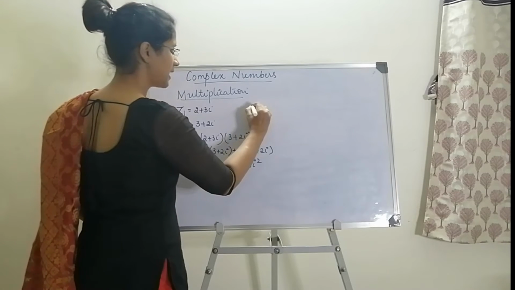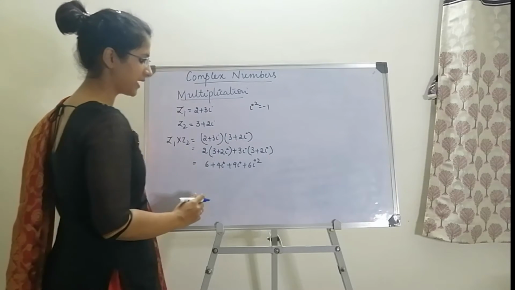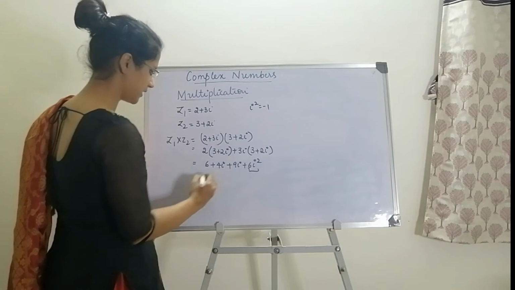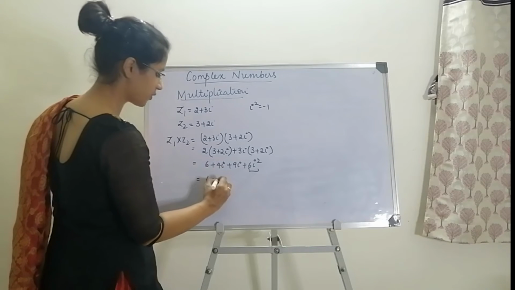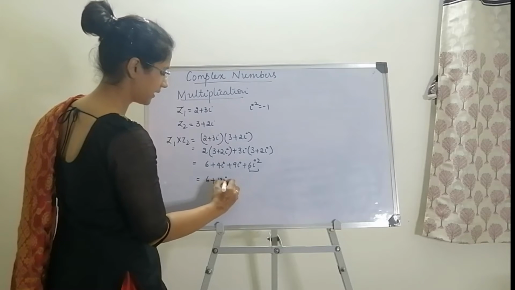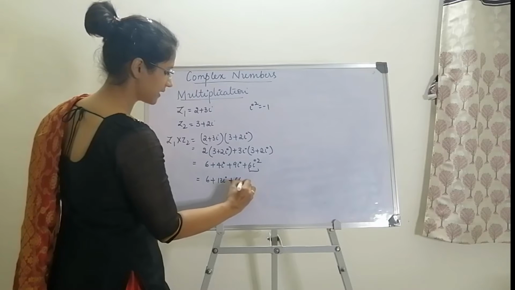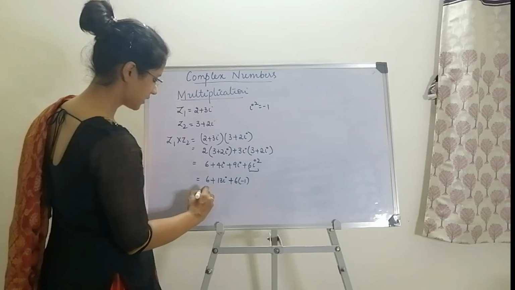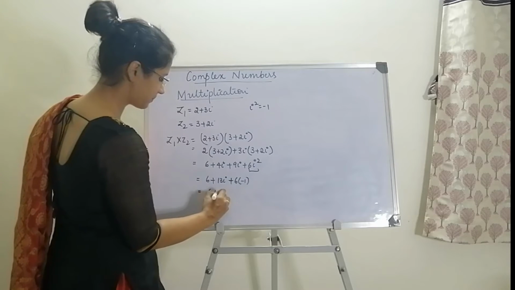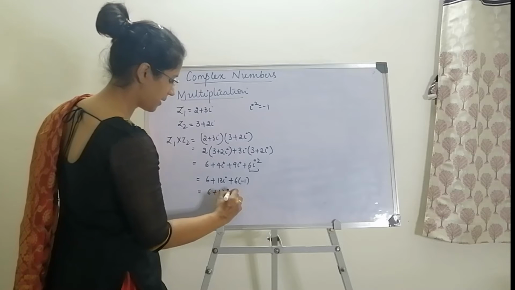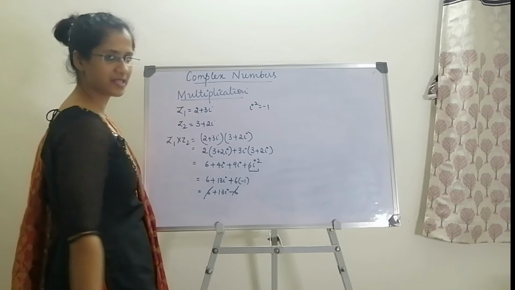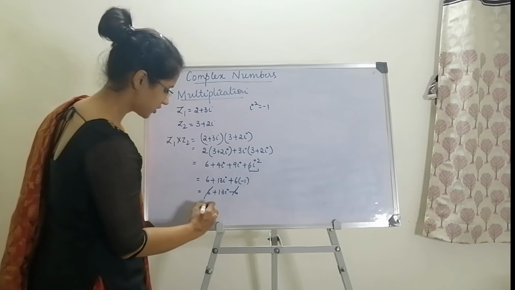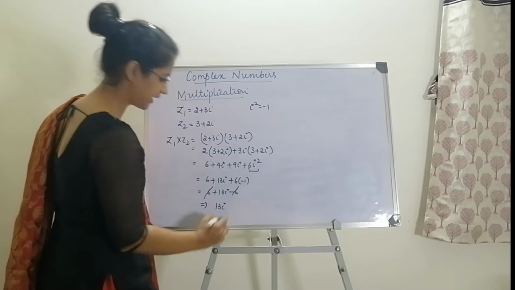We all know that i square is equal to minus 1. Substituting it here, 6 plus 9i plus 4i is 13i, plus 6 into minus 1. So this gives 6 plus 13i minus 6. Here 6 and minus 6 get cancelled, so the answer is 13i.